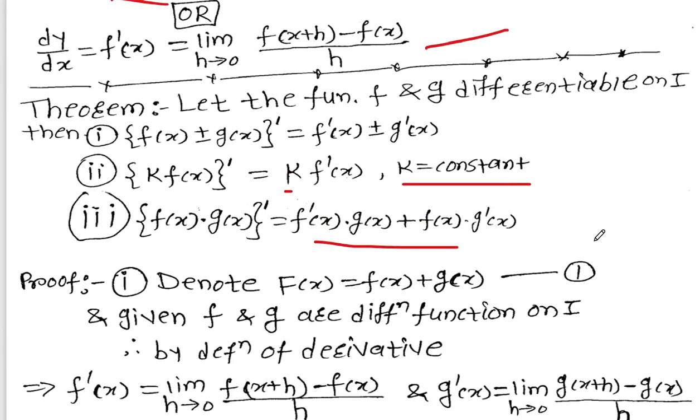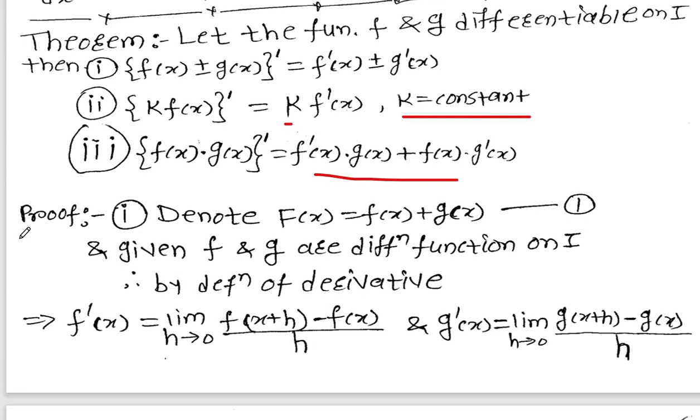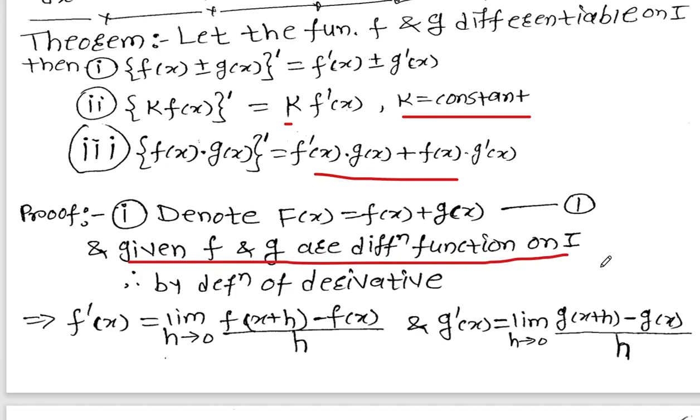Let us see the proof of the first part. For this part, we are given that f and g are differentiable functions on interval I. Let us denote capital F of x equal to f of x plus g of x. Let us call this equation number 1. Now, by the definition of the derivative, we will apply the definition for the function f of x and similarly for the function g of x.